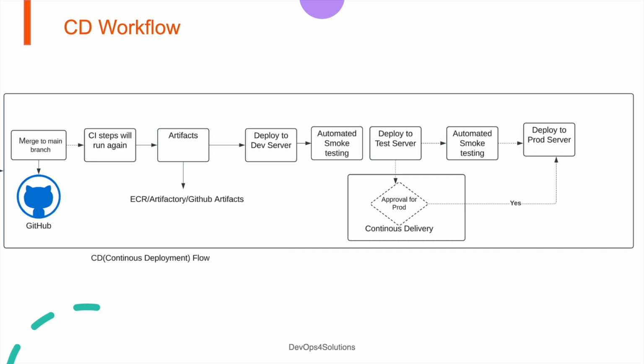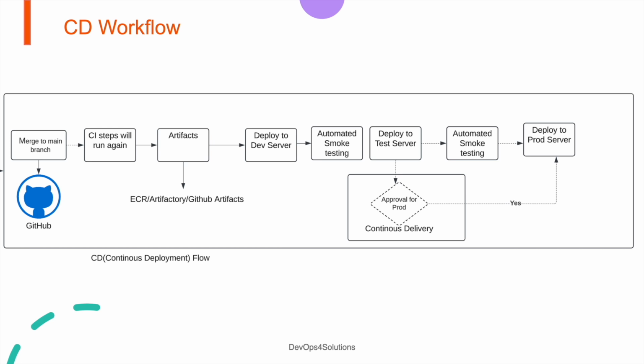It means whatever infrastructure you have for your dev environment, if it is a simple EC2 instance, it will just go there. If your CD process has integrated automated smoke testing to ensure everything is working fine, it will test it. From there it will go to the test server, follow the same process for UAT, and then go to the prod server directly.